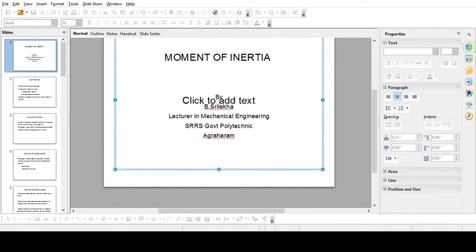Next, now let us learn how to calculate the moment of inertia of the given figures.